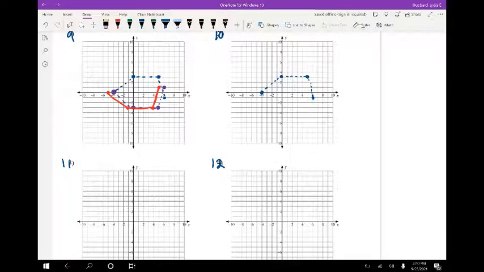I moved up 4 by accident. Right one, up 3. And right one and up 3. So our final graph for this one, because those are the only transformations we have, would look like this.